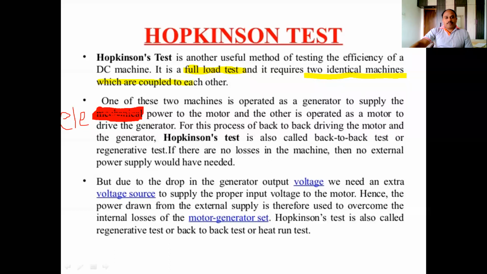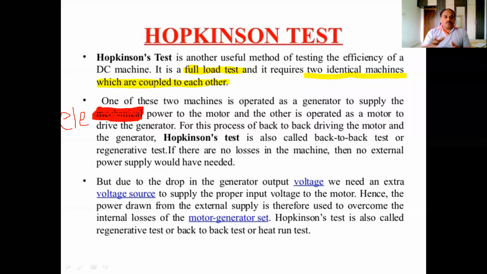This is also a very important point in the Hopkinson test. Coupled to each other means both generator and motor are mechanically coupled, that is, their shafts are connected together, as well as their electrical terminals being connected in parallel.